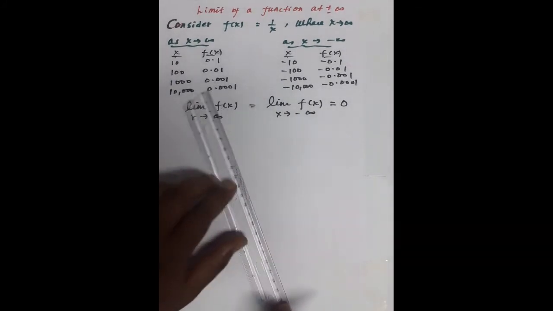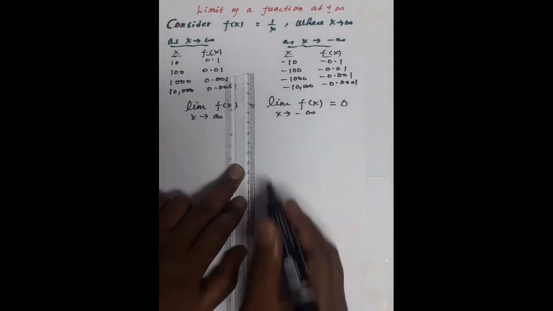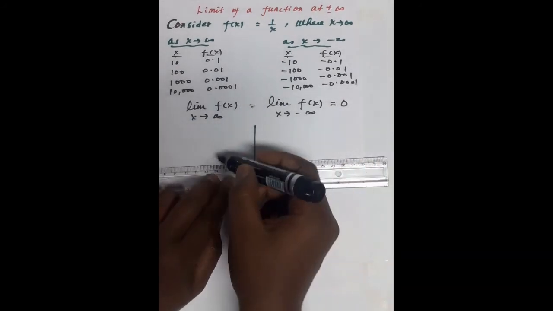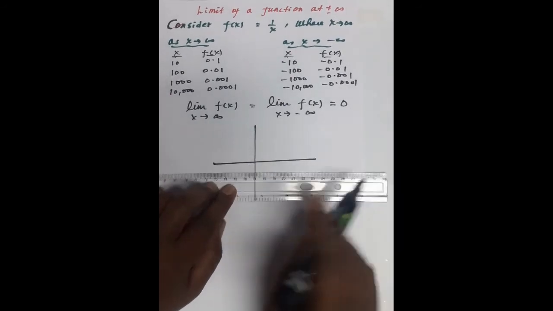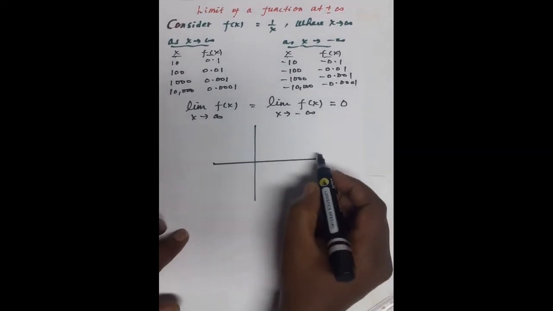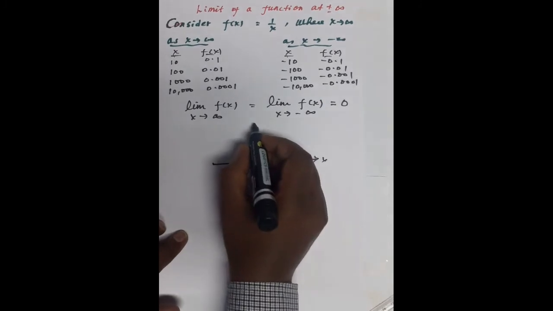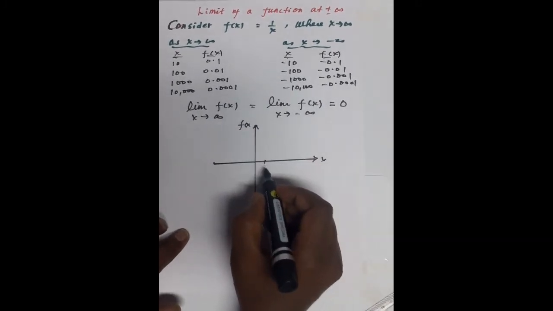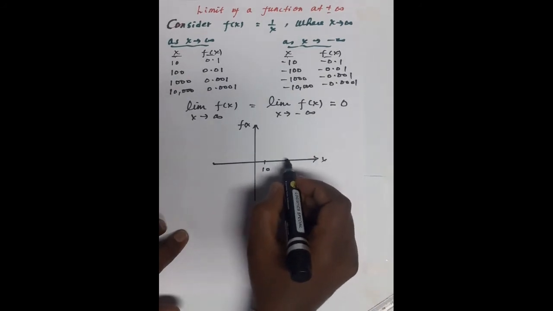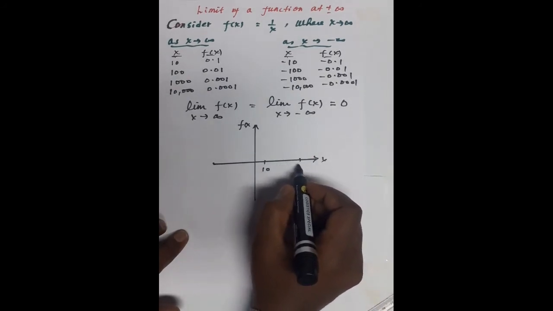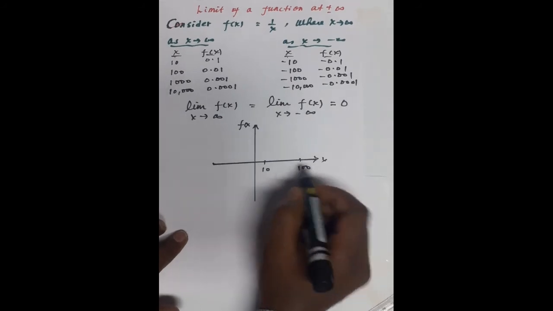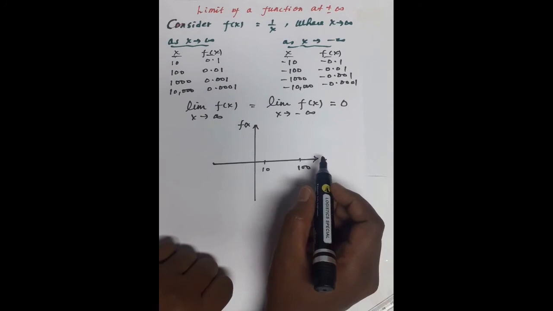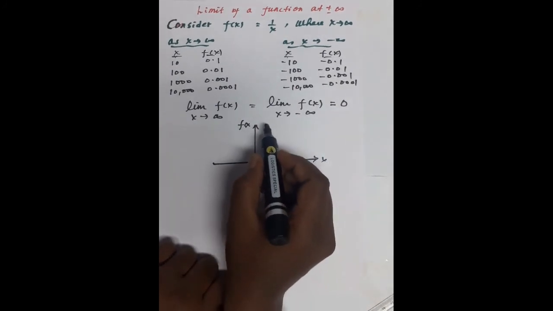Now we can plot the graph of the function. When you take positive higher values, we are approaching 0.